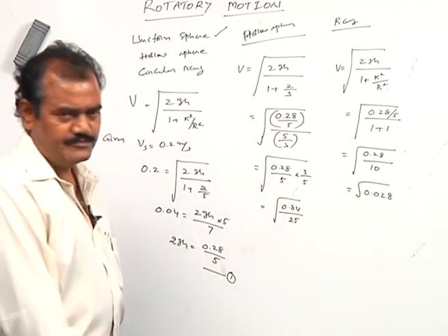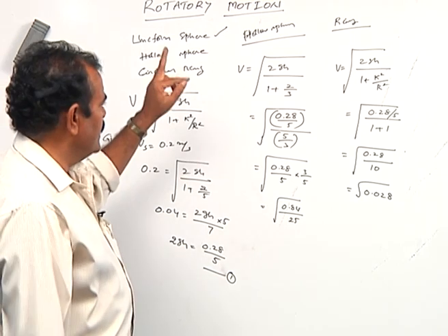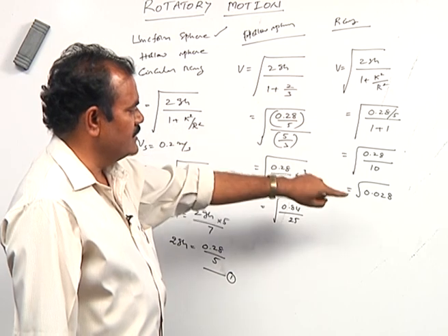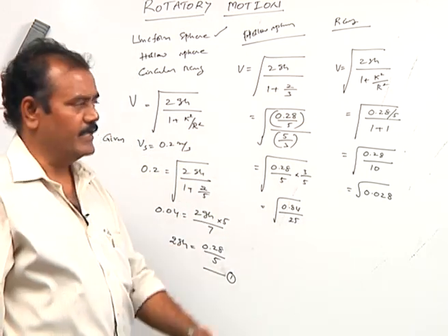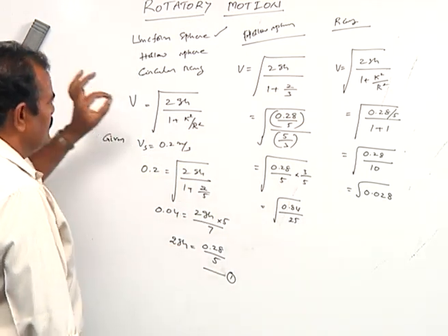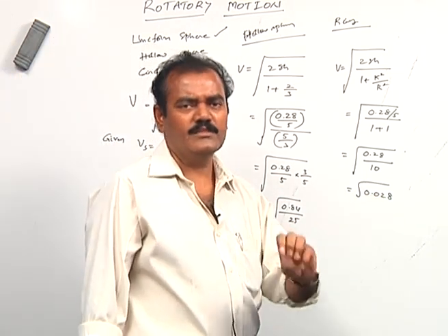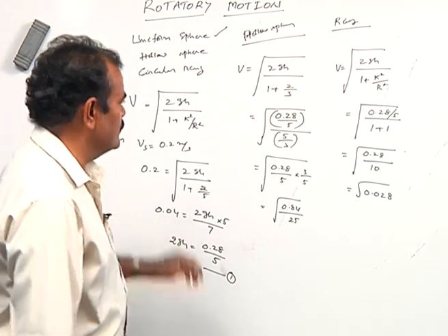Then you get the answer. So that is the velocity of the hollow sphere and the circular ring on reaching the bottom of the inclined plane. So this is a problem based on the velocity of a rolling body along an inclined plane. Now we are coming to the next problem.